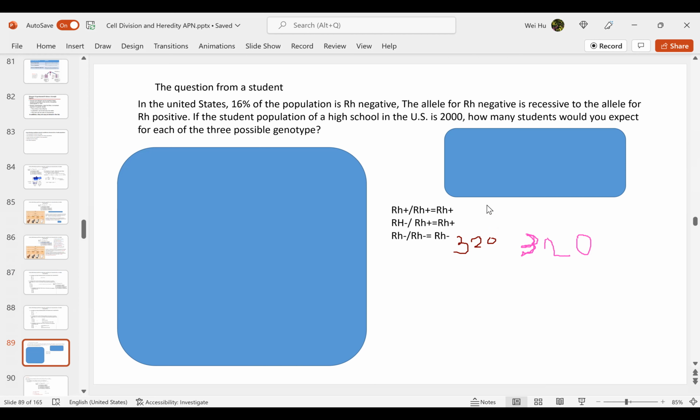So first step is convert the actual number to percentage. Okay, so let's go through together.